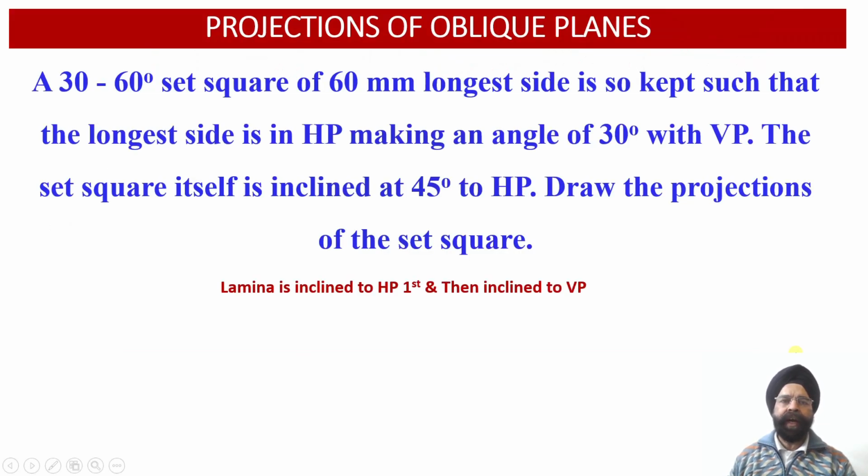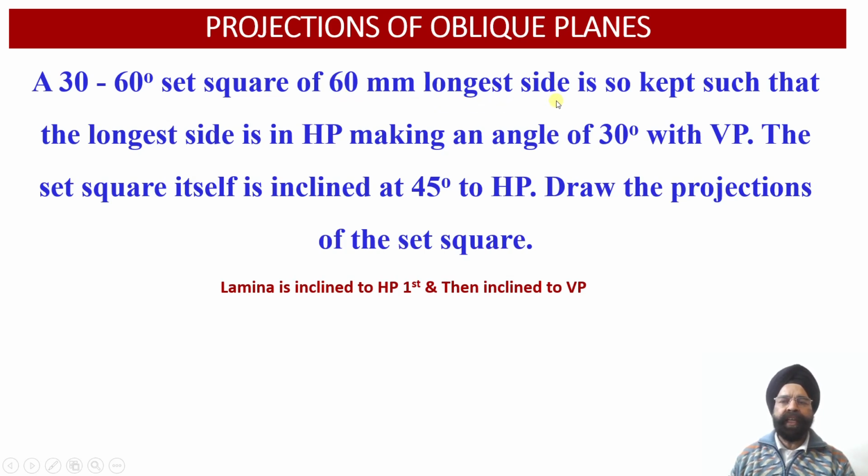Now here we are required to evaluate the orthographic projections of the oblique plane, which happens to be inclined to both the reference planes, that is the horizontal plane as well as the vertical plane. So here we have a 30 degree 60 degree set square which has 60 millimeter as its longest side.